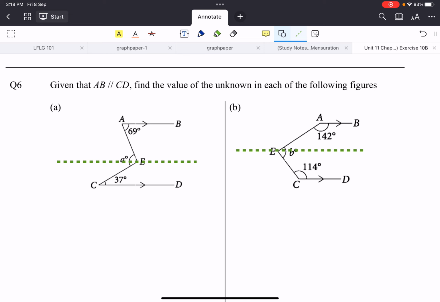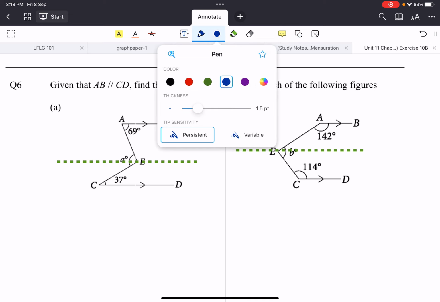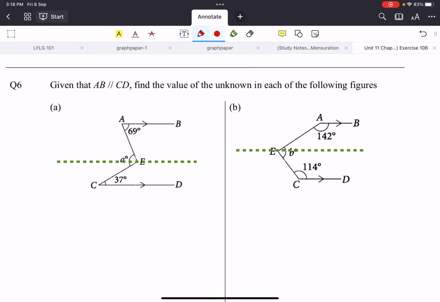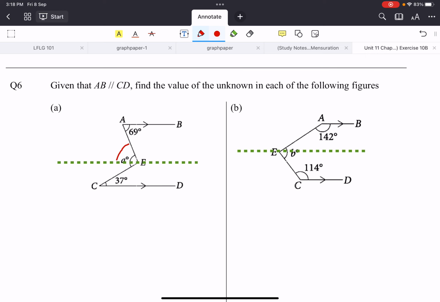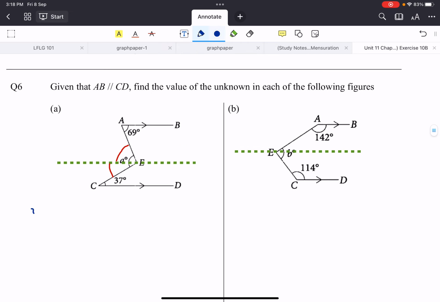Okay, so from here, you can see quite clearly that angle A is made out of 2 parts, which is this part over here and this part over here. And they are, again, alternate angles to the two angles, 69 degrees and 37 degrees, which is given to us. So we can say that A degree is equals to 69 degrees plus 37 degrees.